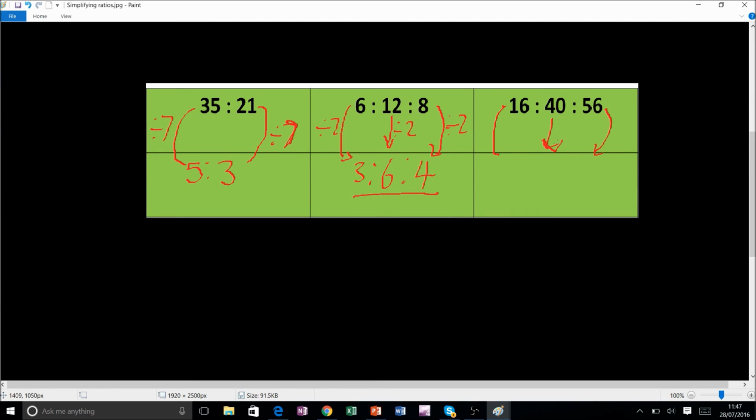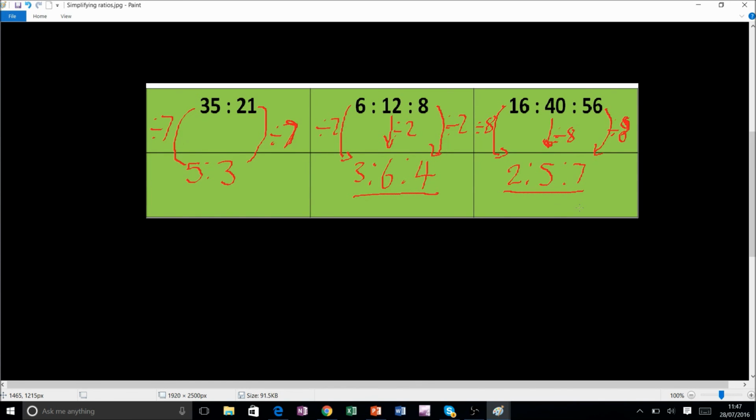So we're going to divide all three of the numbers by 8. 16 divided by 8 gives us 2, 40 divided by 8 gives us 5, and 56 divided by 8 gives us 7. Okay, lovely.